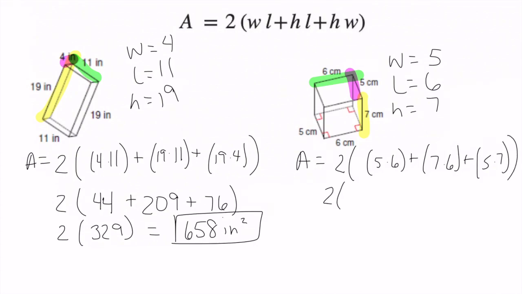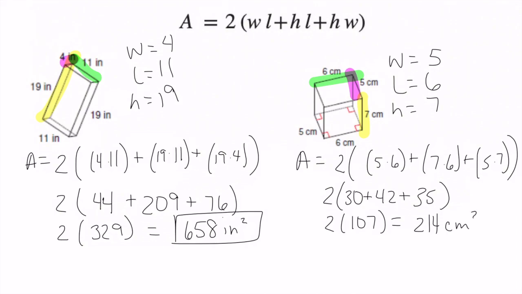So 5 times 6 is 30, plus 7 times 6 gives us 42, plus 5 times 7 gives us 35. So 2 times 107, when we add all those together, multiplied out, will give us 214 centimeters squared.